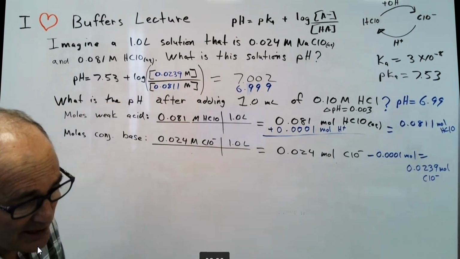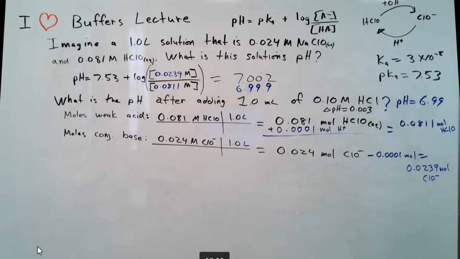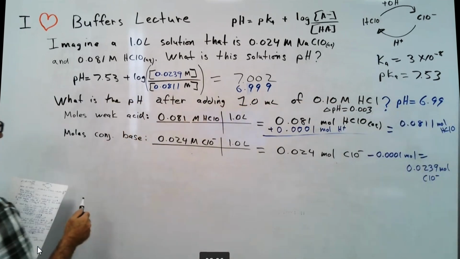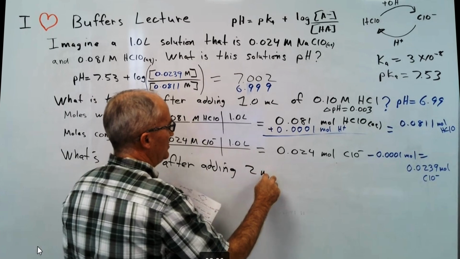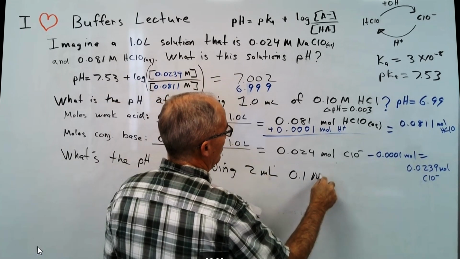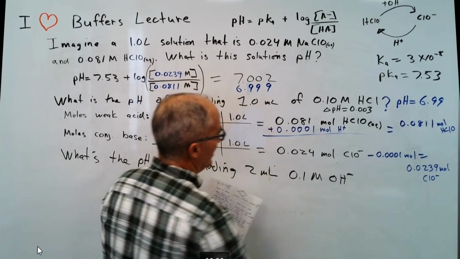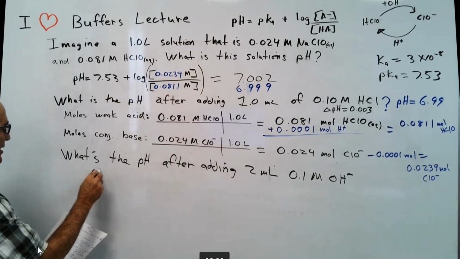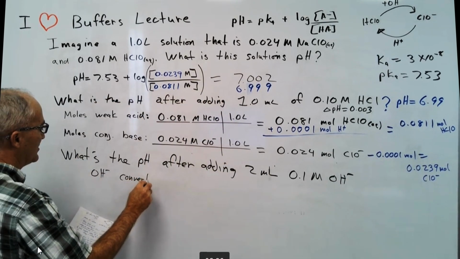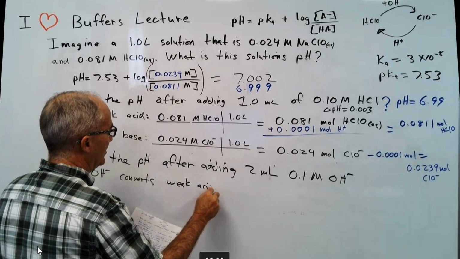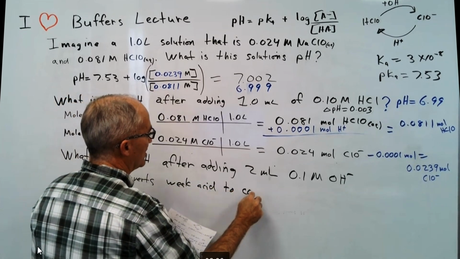we're going to just add 2 mils of base, as before. 2 mils, 0.1 molar hydroxide. So hydroxide converts weak acid to conjugate base.